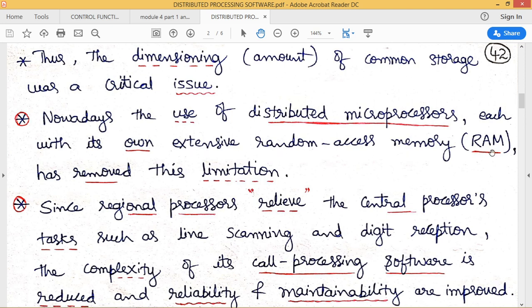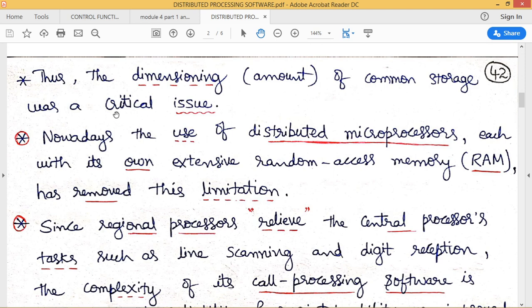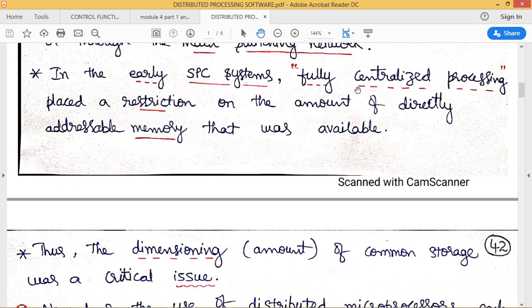Each and every processor has its own RAM, and they store data inside that RAM, and this eliminated the previous issue of dealing with the central processor, that is, the centralized processing system.